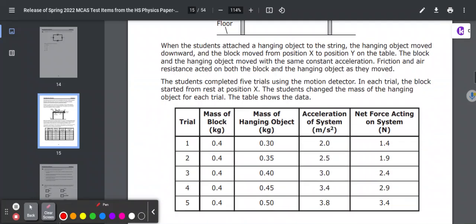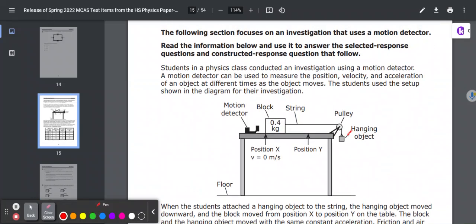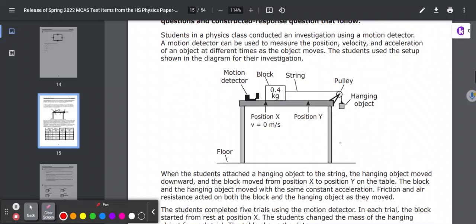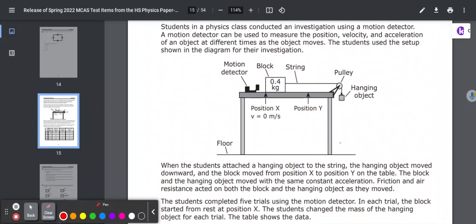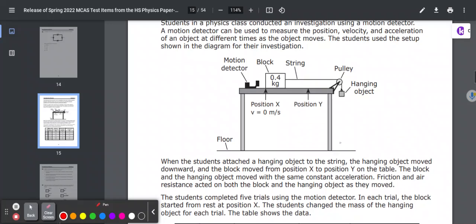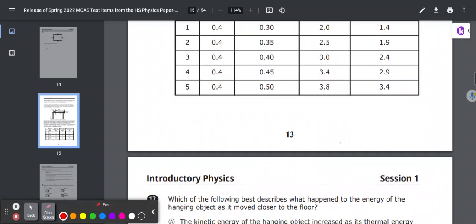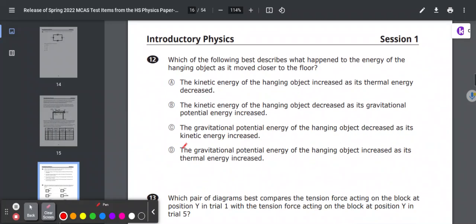Basically, as the object loses its height, the gravitational potential energy is transformed to kinetic energy. The reason is that gravitational potential energy depends on two things: one, the mass, and the other, the height. As the height decreases, the gravitational potential energy is transformed into kinetic energy. So choice C should be our answer.